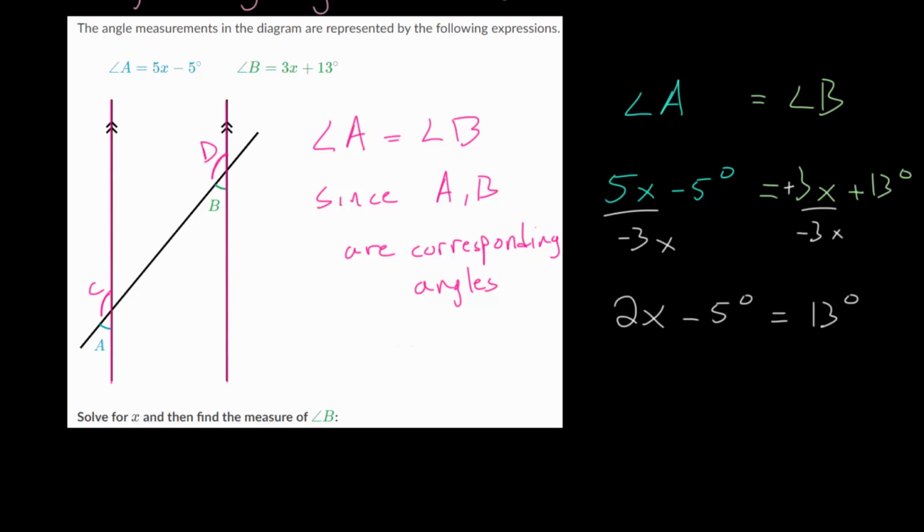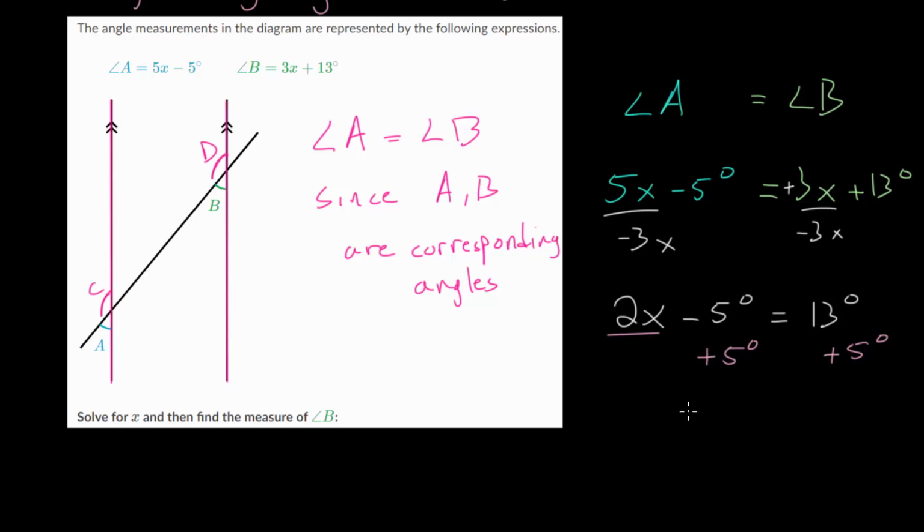Now that we have the variables on one side of the equation, we can solve for x, since this is now just a two-step equation. We want to cancel out subtraction first, since canceling out addition and subtraction is simpler than canceling out multiplication and division. So subtracting 5, we cancel that with adding 5, doing the opposite.